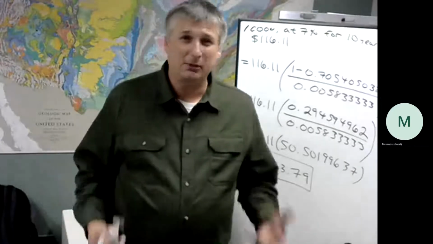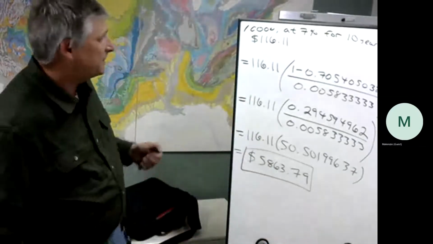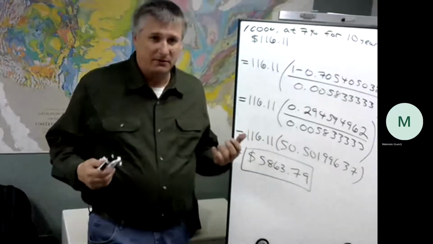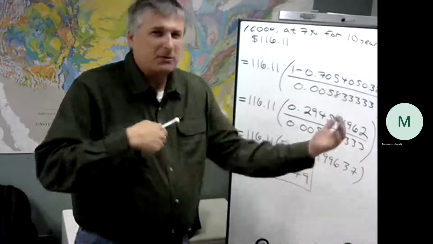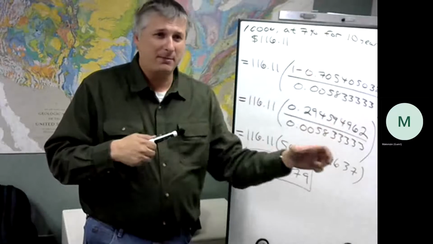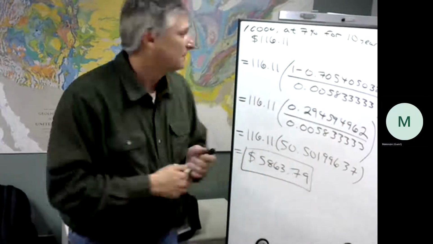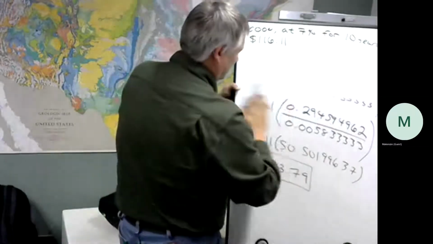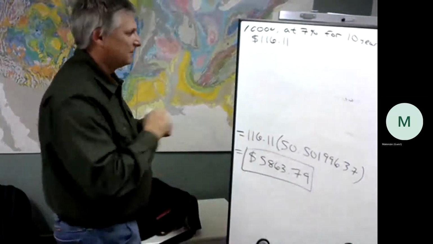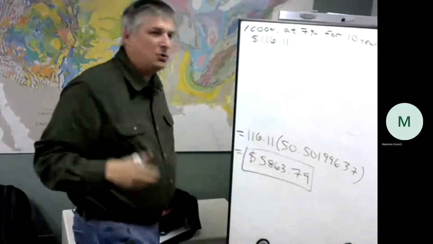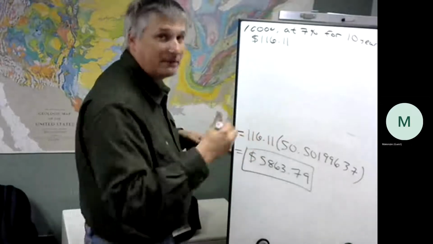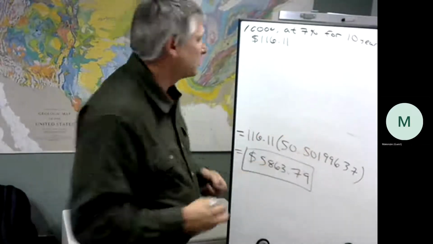Now, do we save money doing this? Well, we do. So the way we can figure it out is this. We're making 12 payments a year for the remaining 5 years. Originally it was a full 10, but we're only going to do it for 5, so we're going to miss out on 5 years of payments if we pay it off right now. So what you want to do is compute how much money you would have paid for the remaining 5 years if you paid during those 5 years.